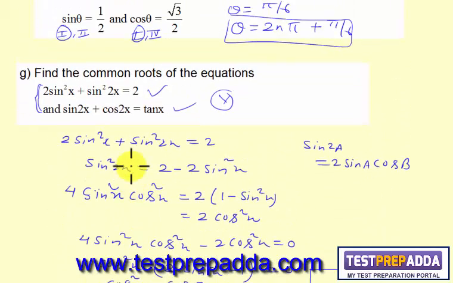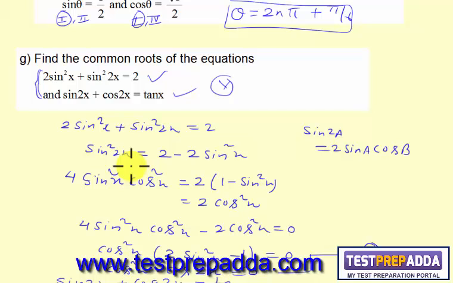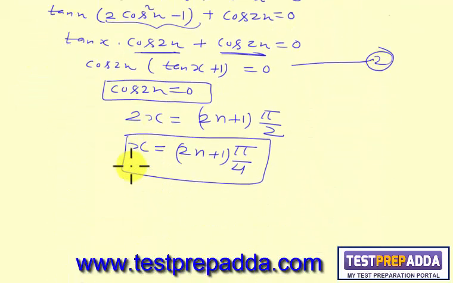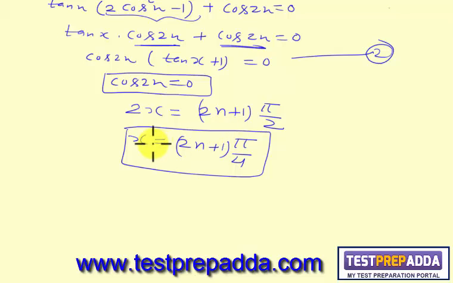What was the question? The question was to find the common roots of the equations 2 sine square x plus sine square 2x is equal to 2 and sine 2x plus cos 2x is equal to tan x. So the common roots will be given by x is equal to 2n plus 1 pi by 4. Okay.